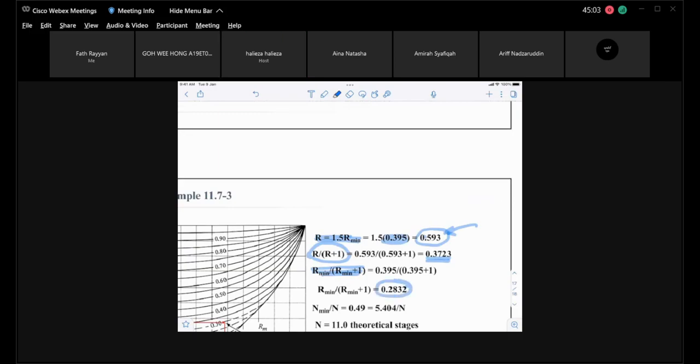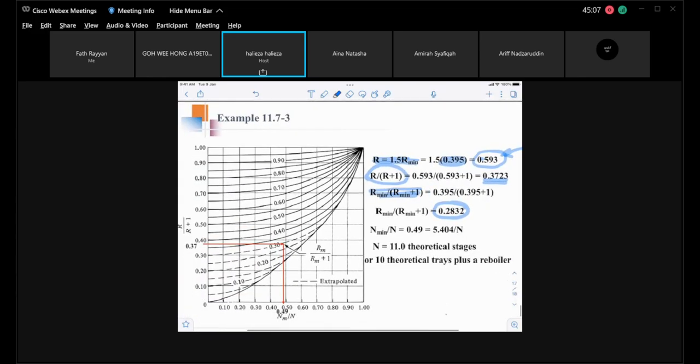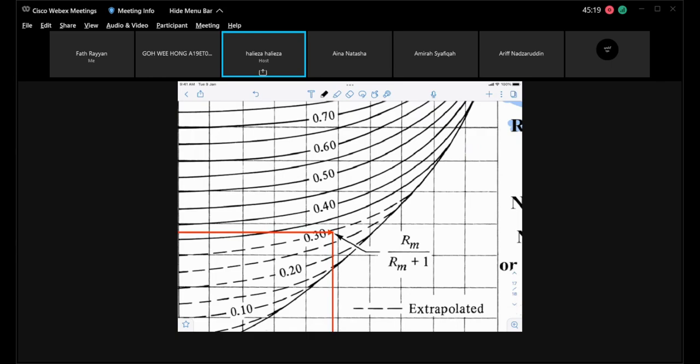So using these two values, you will use the graph. My R min divided by R min plus 1 is roughly 0.28. So where is 0.28? It's below 0.3. This is 0.2, so this is going to be 0.25, and my next curve above it will be 0.3.